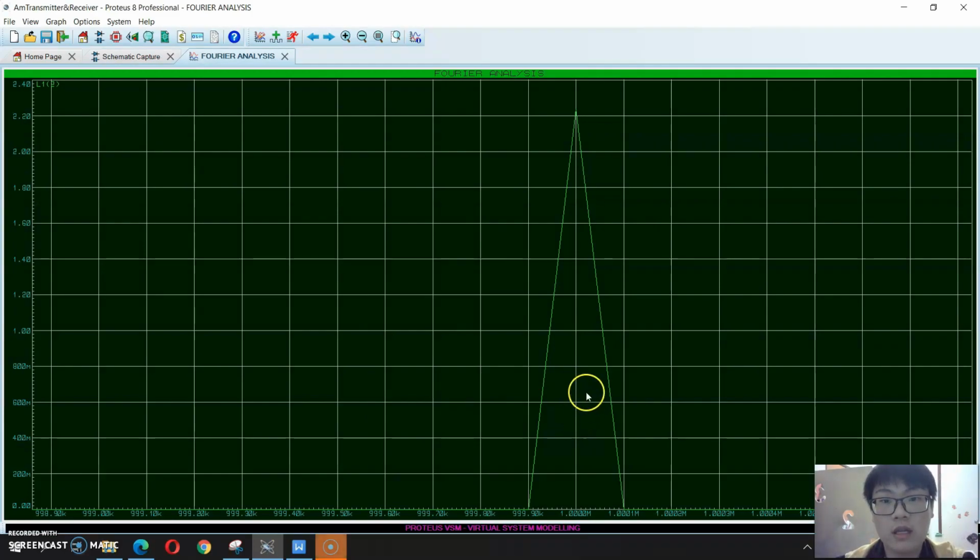The input signal that we use to modulate is 10 kHz and the carrier frequency is 1000 kHz, equal to 1 MHz. We can see here that we have a frequency spectrum at 1 MHz, and this shows that the input signal passed through the transistor and has already been modulated.